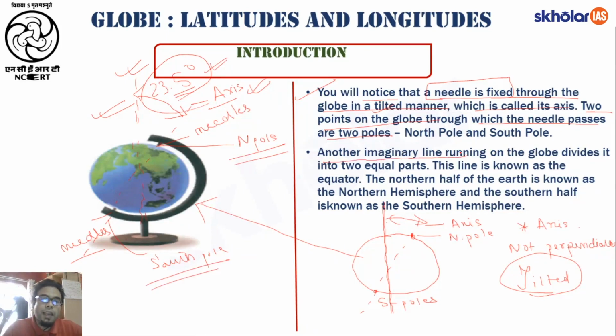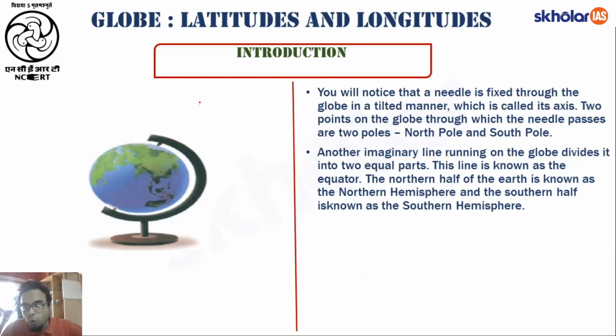Another imaginary line running on the globe divides it into 2 equal parts. Let us understand this. This is the axis, this is the north pole, this is the south pole.